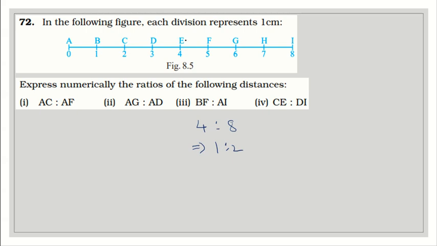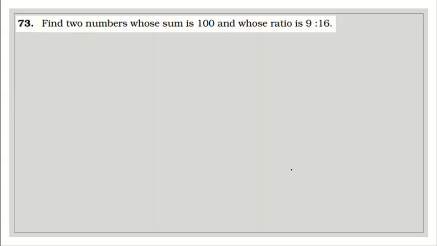CE, C to E, 2 to 4, 2 units are there. DI, 3 to 8, that means 5 units are there. So 2:5 is the ratio. So these are the numerical ratios of BF to AI, and CE to DI. Okay, now moving on to question number 73.